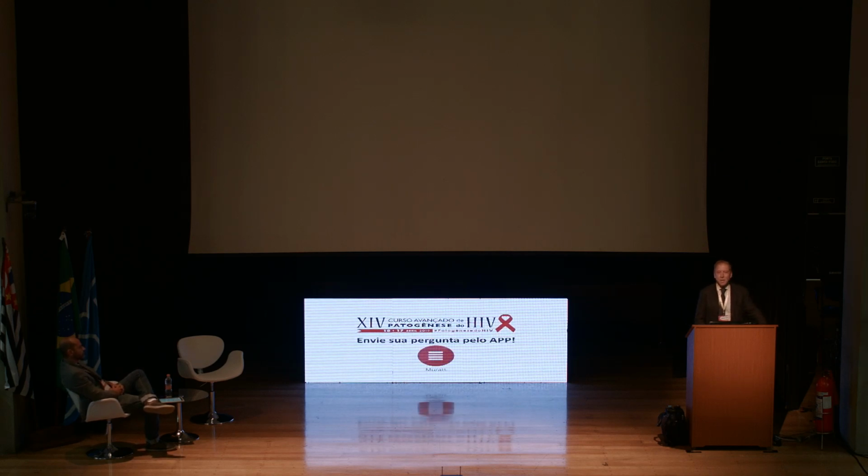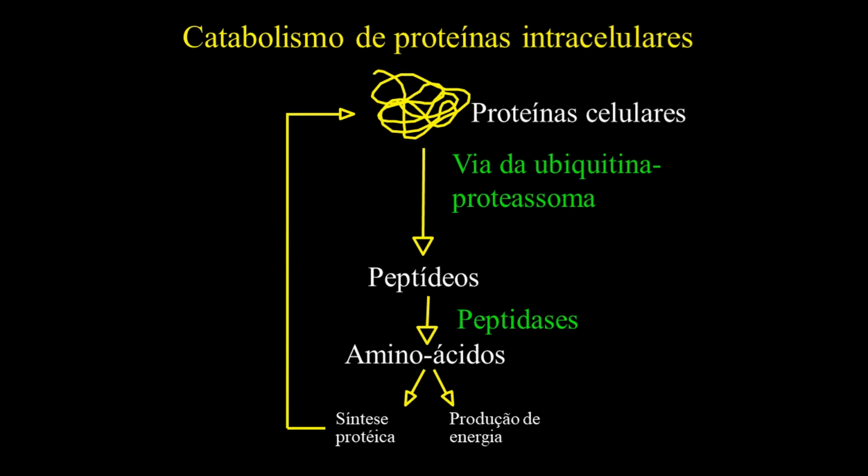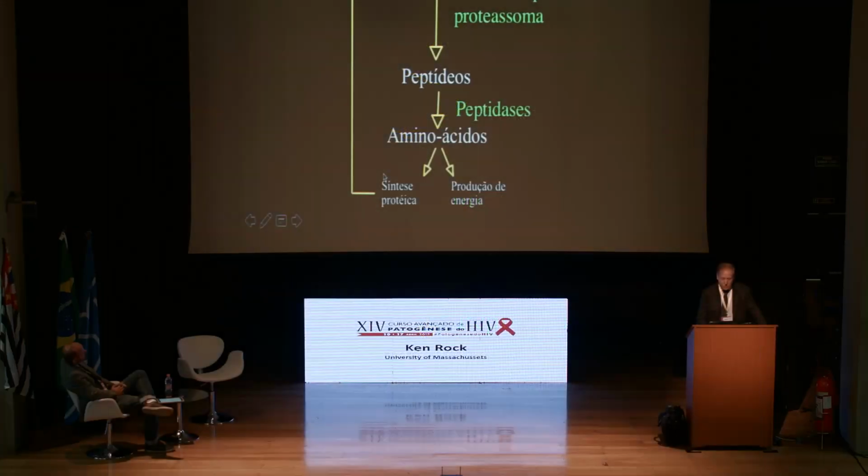Basically, the system looked around and saw that cells were already making peptides as part of the normal catabolism. So all proteins in the cytosol and nucleus are degraded, and that's via the ubiquitin proteasome system, into peptides, and those peptides are then broken down for things that are useful.